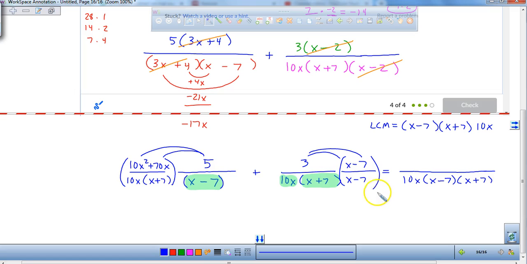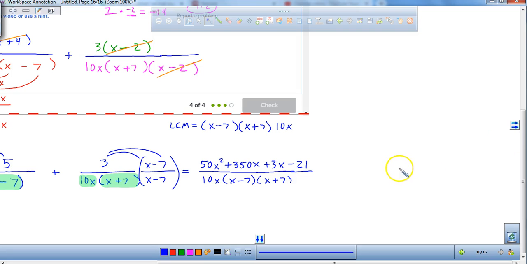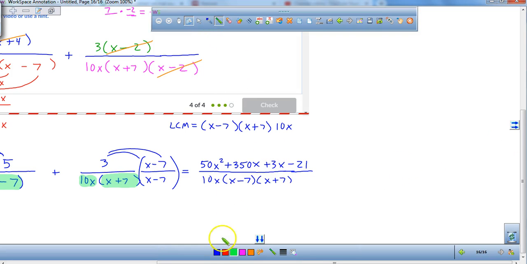All right, so here we go. Let's do 5 times 10x squared, which gives us 50x squared. Let's do 5 times 70x, which gives us 350x. Let's do 3 times x and add another 3x. And then 3 times negative 7, which is minus 21. And then all I have to do now is add my like terms together.